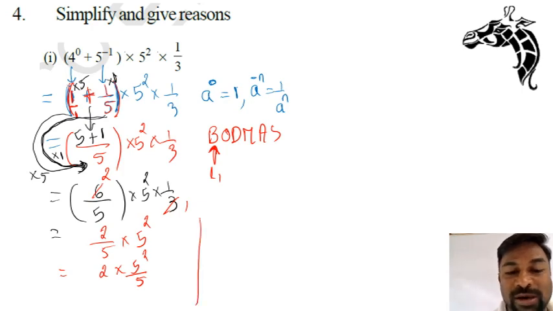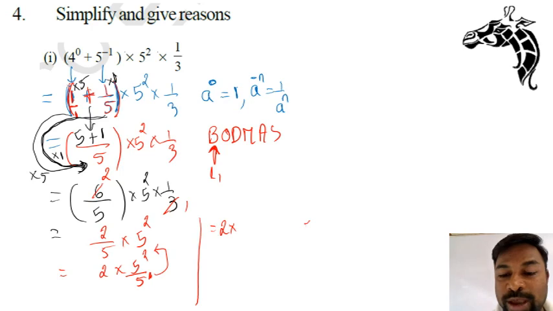Now let me simplify here. If you check it out, 2 into, if you don't have any power, it's nothing but 1. Now take that 1 to the numerator because we are using the formula a to the power m by a to the power n equals a to the power m minus n.